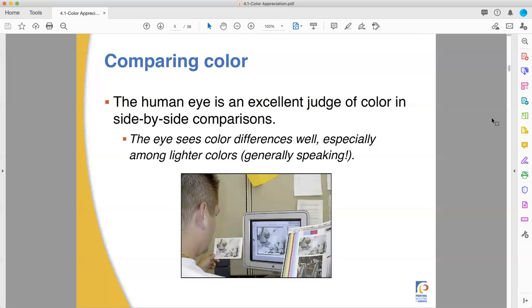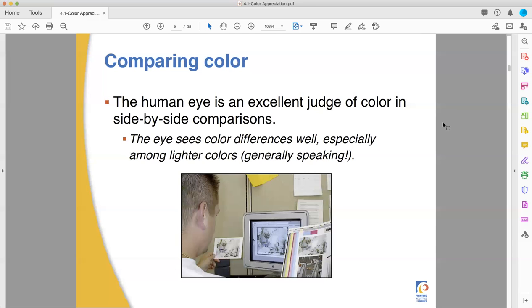But anyways, the whole point is we see things in comparison. If you see only one thing by itself, it's hard to determine what it is, unlike putting two things next to each other and asking how they differ. We do see color difference as well, especially among lighter colors.